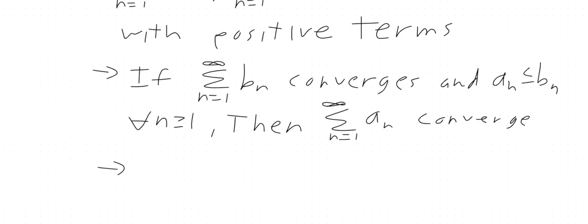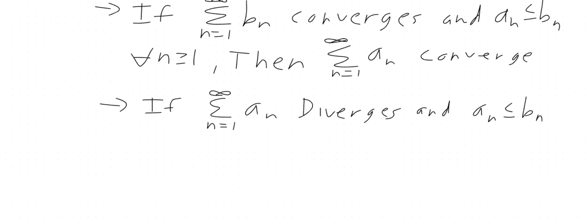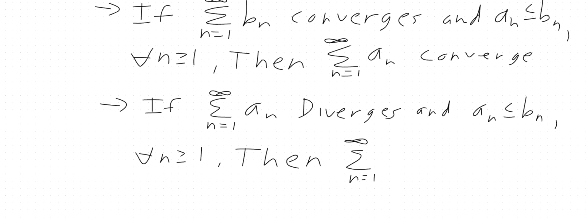On the other hand, if our A series diverges, and our a is less than or equal to b for all of our n, then the B series diverges.